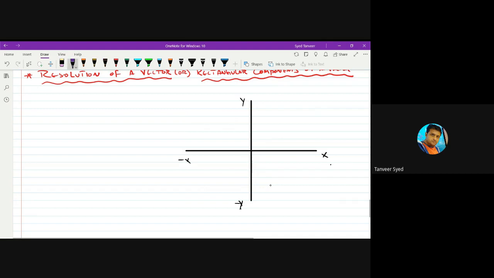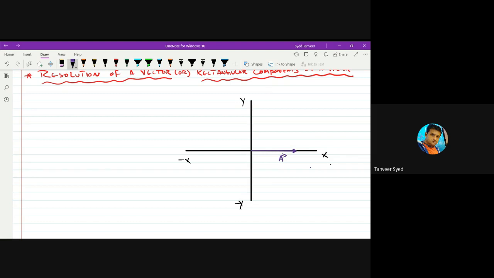If I have a vector which is like this, let us say this is some vector A. It has some magnitude, 2, 3, 5, 10, some magnitude. Its direction is towards x-axis.